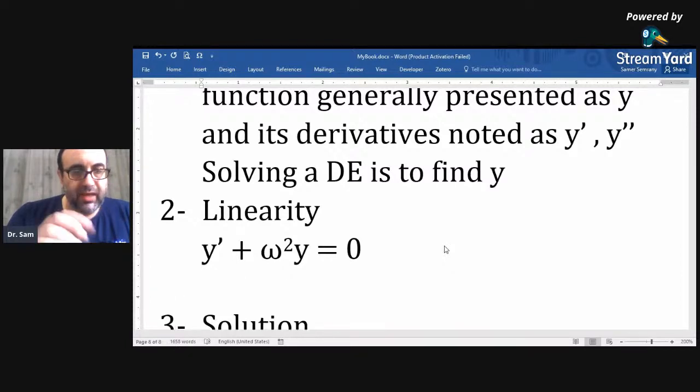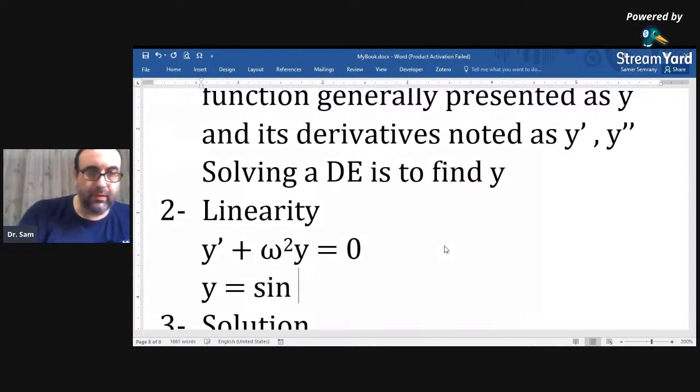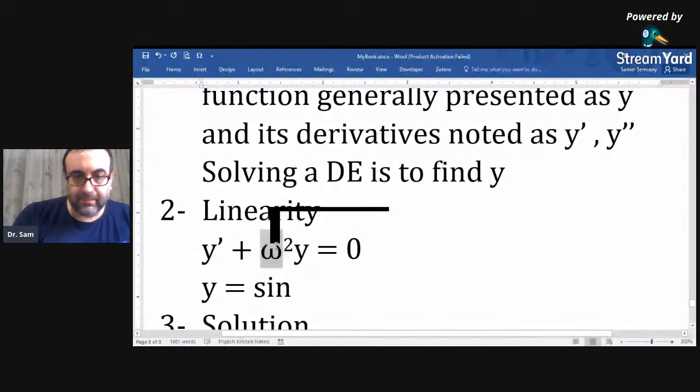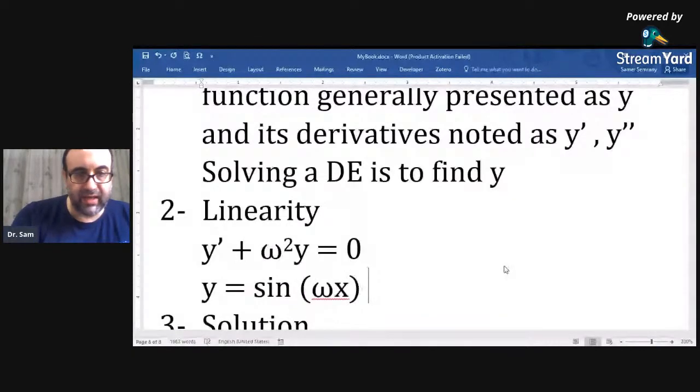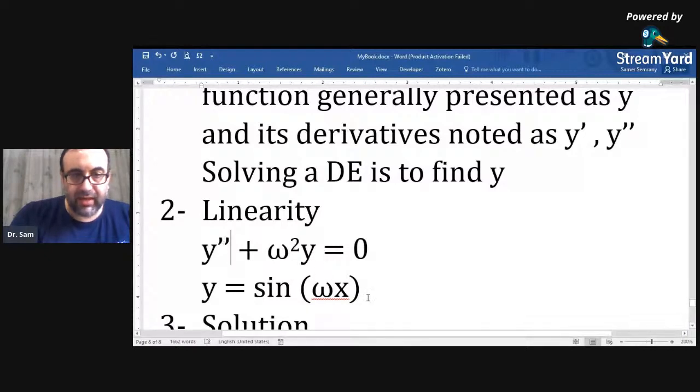So to begin, we can try something. What about, for example, I choose y equals sine omega x. So I can calculate y prime.